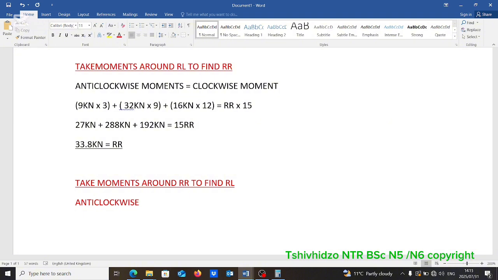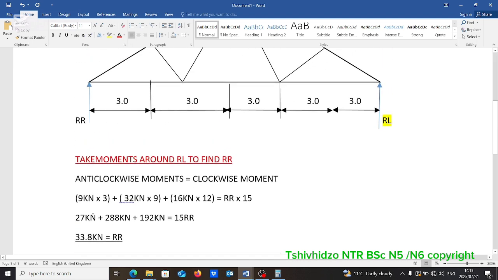Anti-clockwise moments equals to clockwise moments. It means now let's go to RR.